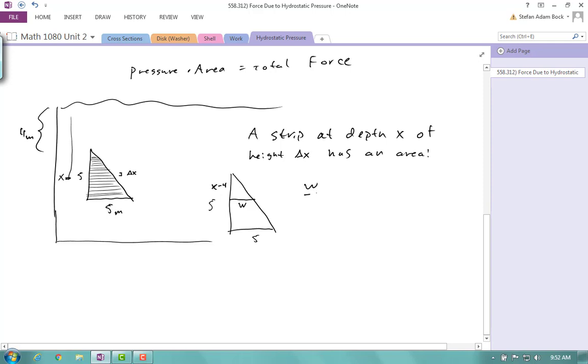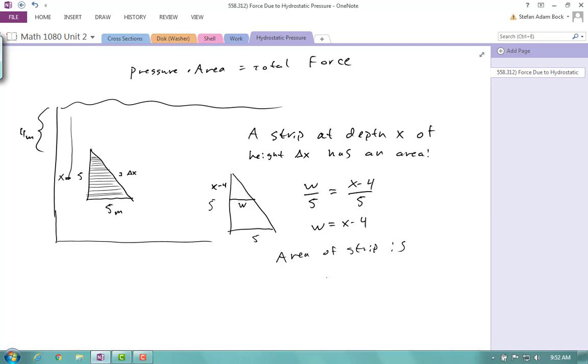I have w is to 5 as, let's see, small to big, x minus 4 is also to 5, which implies that w is simply equal to x minus 4 for this problem. So the area of the strip is w multiplied by delta x.